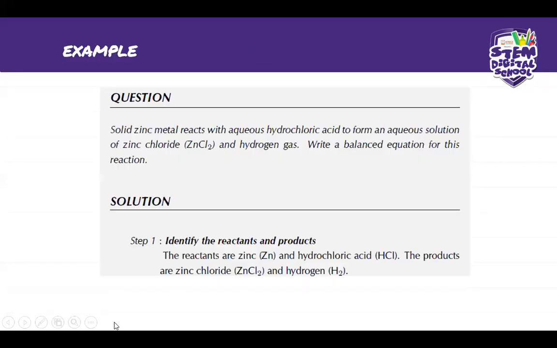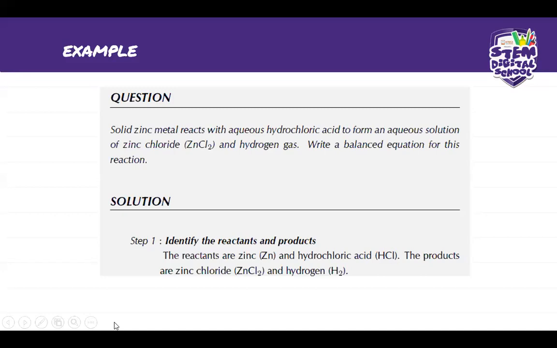So here's another question. It says solid metal zinc reacts with aqueous hydrochloric acid to form aqueous solution of zinc chloride and hydrogen gas. Write a balanced equation for this reaction. So first, the reactants are zinc, Zn, and HCl, which is hydrochloric acid.